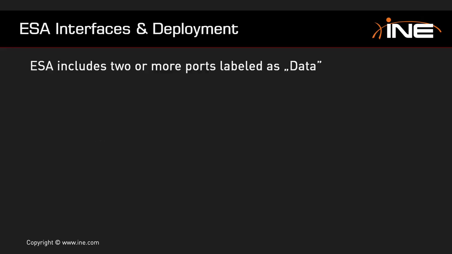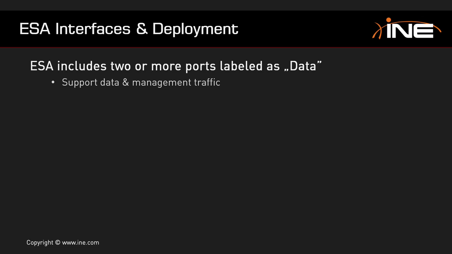Depending on the platform type, ESA offers 2 or more physical interfaces labeled as data ports. But what is going to be different here from the WSA is that those interfaces can be used for data, management, or both. So it's not like on the WSA, where as we saw P1, P2, T1, T2 interfaces were generally meant for data, where the management port could be used only for administration or for administration and the data plane.